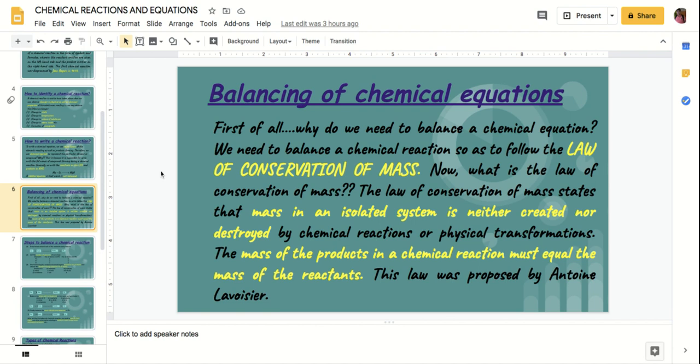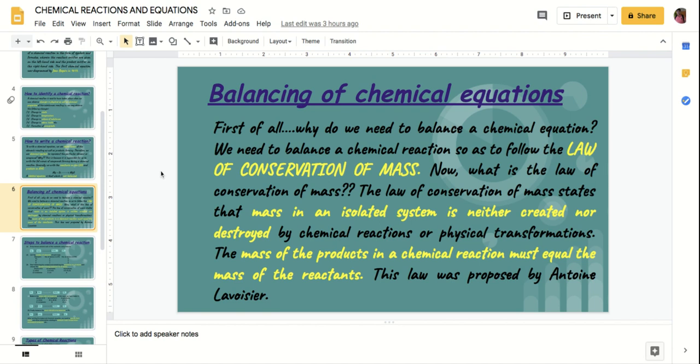But when we are studying, we need to give importance to every aspect of that subject. Now some great person told that we need to balance a chemical reaction. Why?